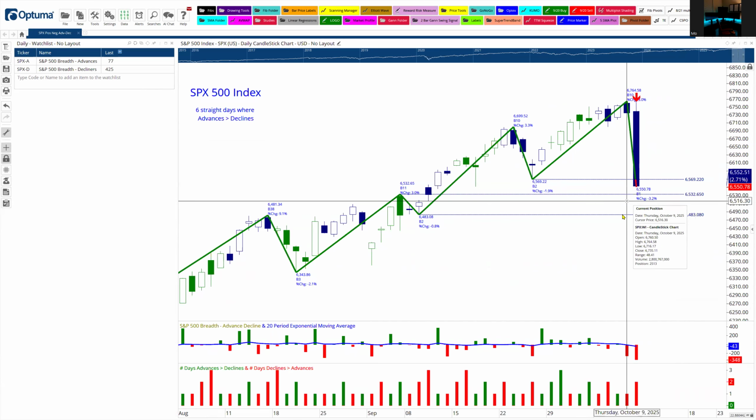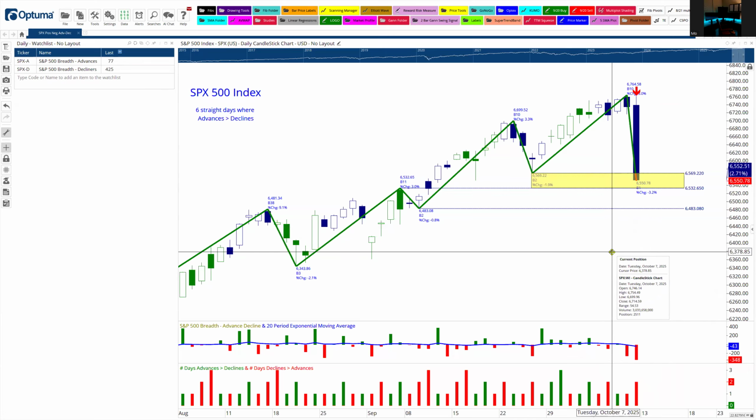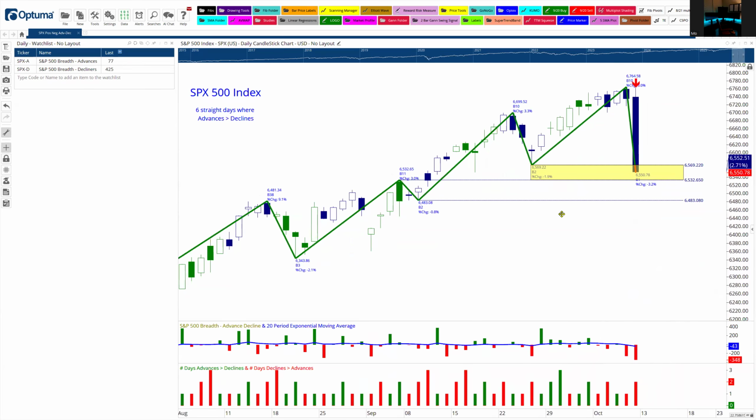It's much easier to do it here. So instead of counting those, just focus on swing high and swing low.